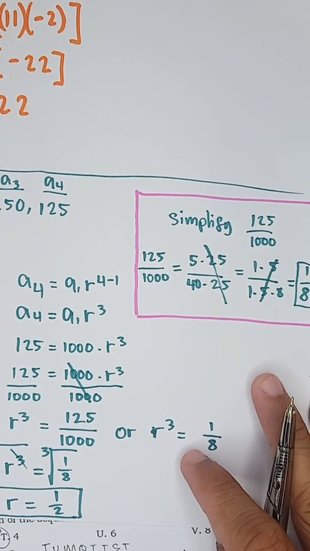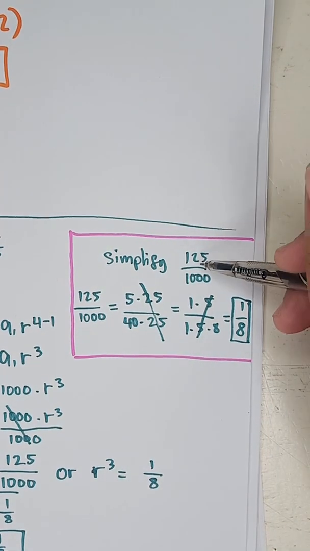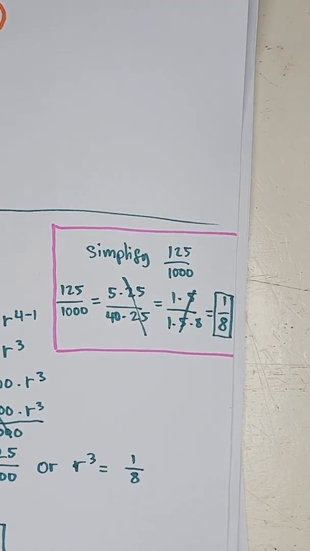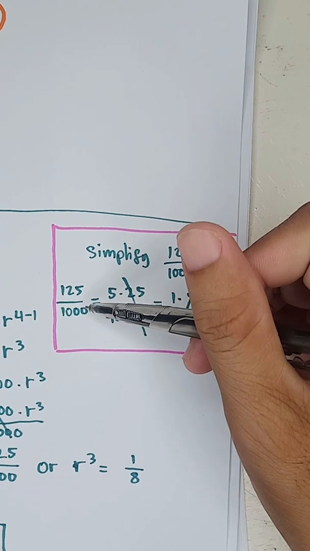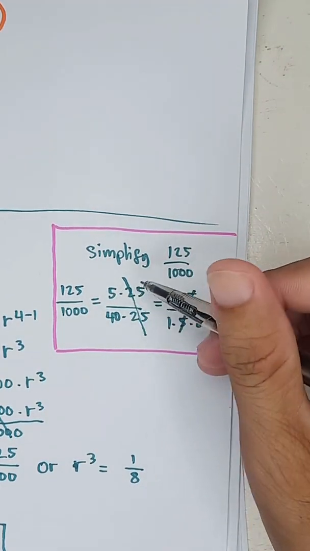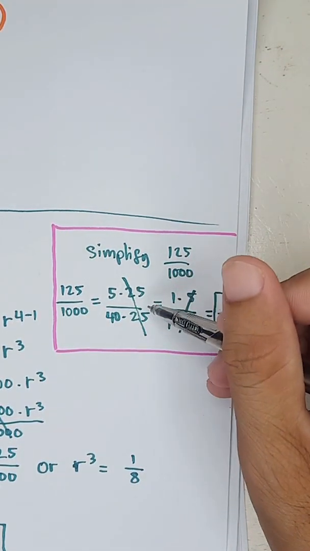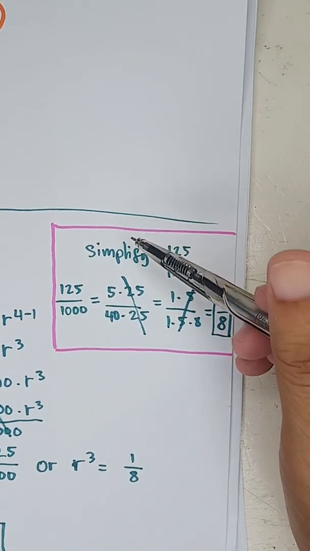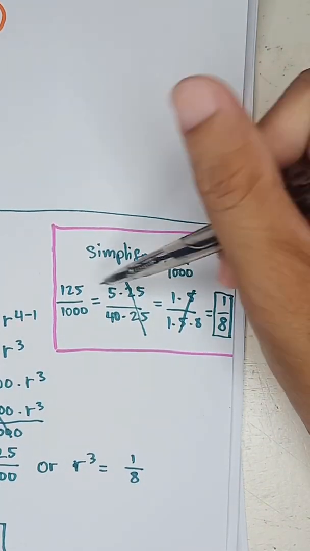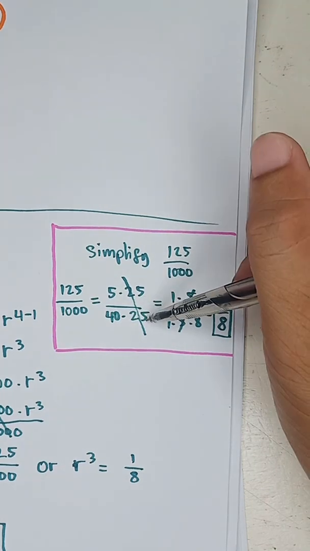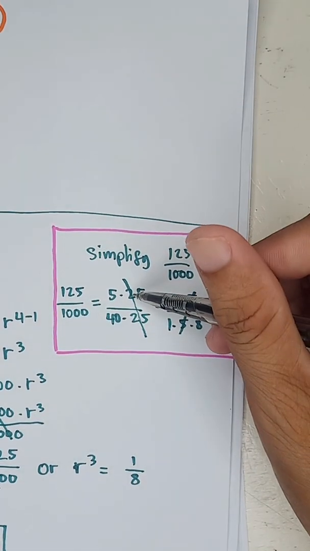Okay. So ito pala yung pag-simplify ng 125 over 1,000. So 125 over 1,000 is equal to the fraction 5 times 25 over 40 times 25. Okay. Kasi pag multiply mo yung dalawang yan, you get 125, and 40 times 25, you get 1,000. So bakit ganyan?